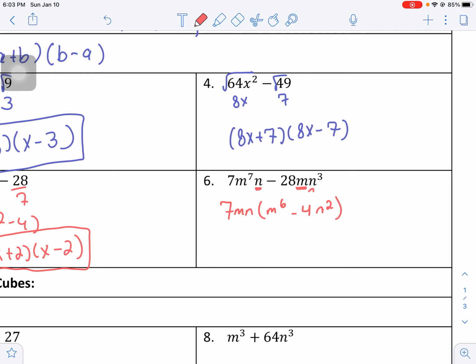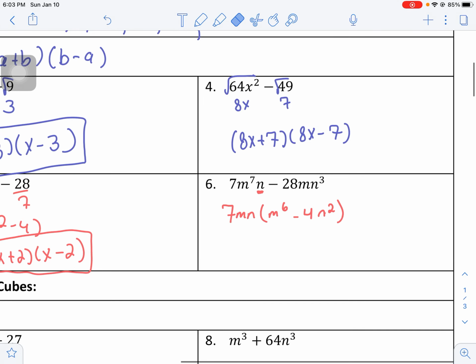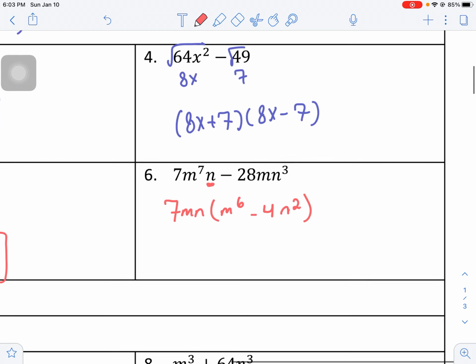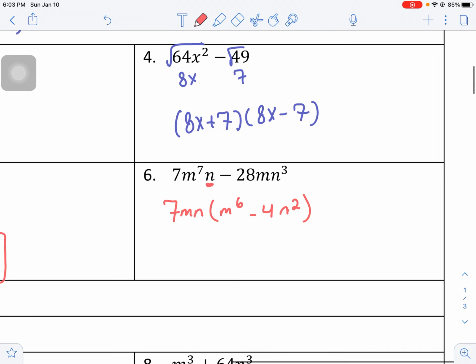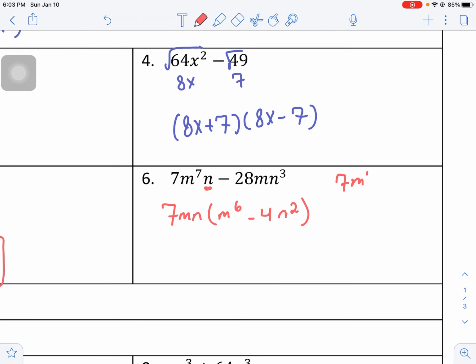Because we're dividing this by n, dividing that by m, dividing that by 7. So 4n squared. If you're struggling with that, think about your exponent rules, right? 7m to the 7th over n divided by 7mn.